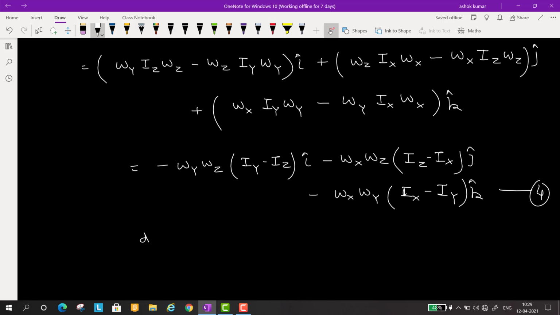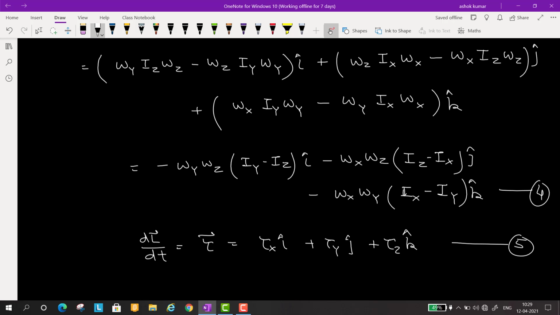Also dL by dt can be written as tau, with three components tau x, tau y, tau z, since the rate of change of angular momentum can be written as torque.